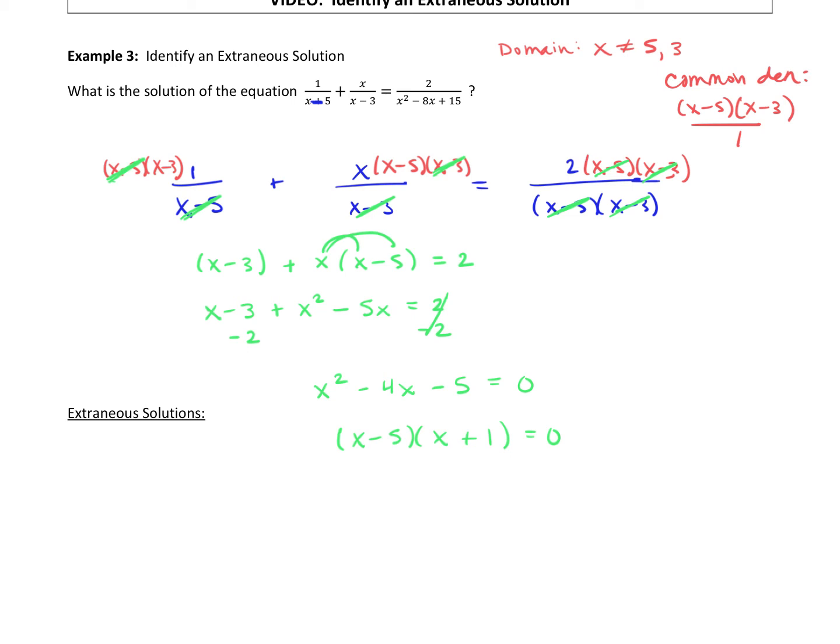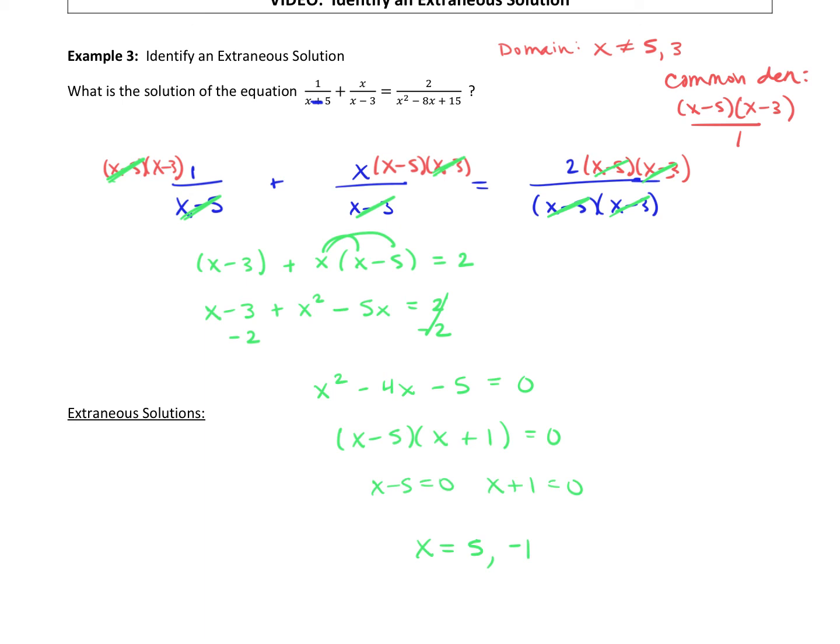So that gives us our factors of -5. -5 times 1 is -5. -5 plus 1 is -4. So we set each factor equal to 0. When you solve those, you get x equals 5, and you get x equals -1.